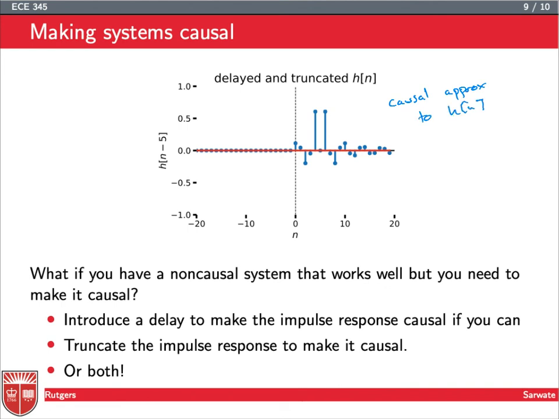And this sort of approximation, where we take something ideal that we would really like to implement, and manipulate it a little bit using some techniques, is the heart of engineering: taking something ideal but not buildable and trying to make something buildable out of it.